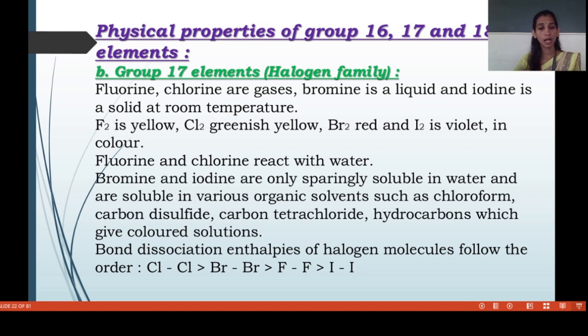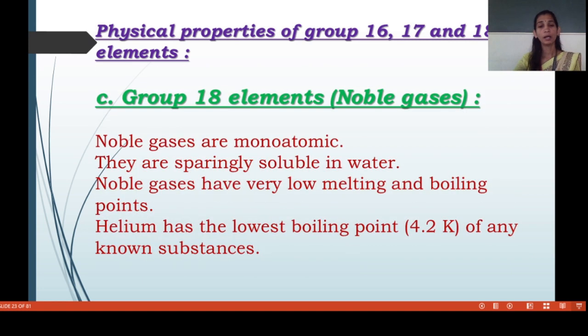Fluorine has a lower bond dissociation enthalpy than bromine, and iodine has a very low bond dissociation enthalpy as compared to chlorine, bromine and fluorine. The last one is group 18.